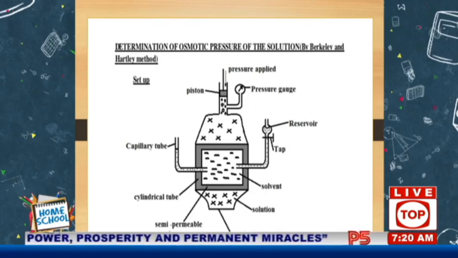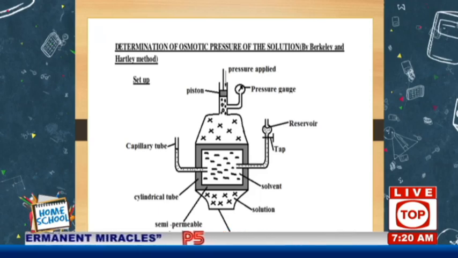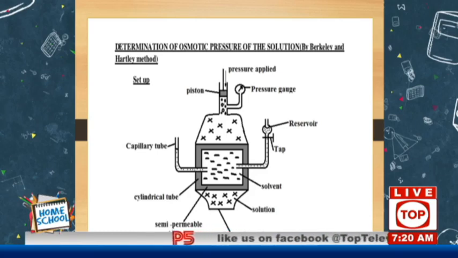It is more accurately determined by taking the average readings on the gauge when the levels are slowly rising and falling, as it is difficult to adjust the pressure to exactly attain the equilibrium for no movement of either side. So when you are trying to maintain a constant flow, it is very difficult to say that no solvent molecule is going to move from the cylindrical tube into the solution side, okay?